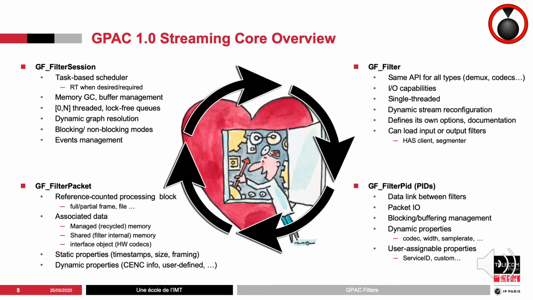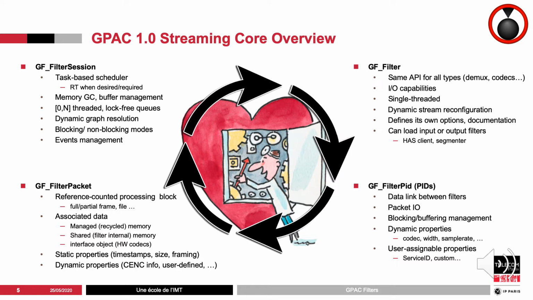So the new design is inspired by data flow approaches. We have a filter session, which is a task-based scheduler that can be real-time if desired, and it manages memory garbage collection, buffer management, threading modes, mostly using lock-free queues actually, and it also handles all the dynamic graph resolution and blocking modes of filters.